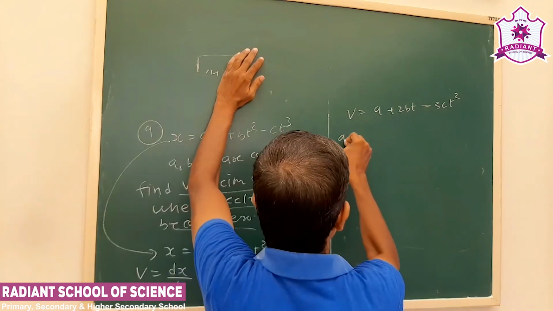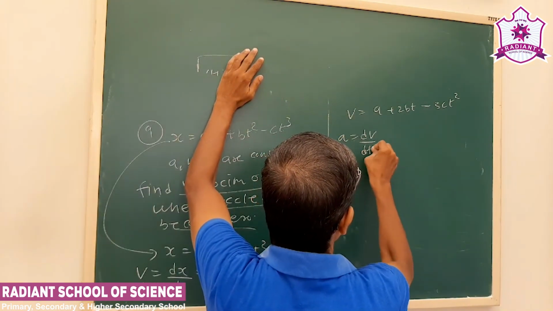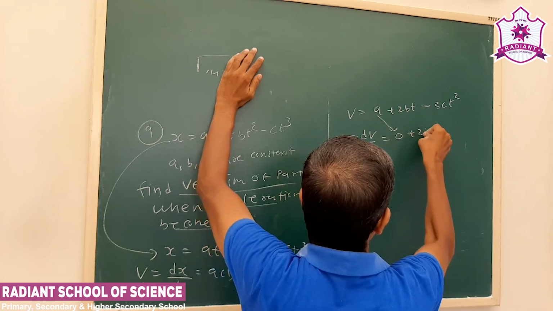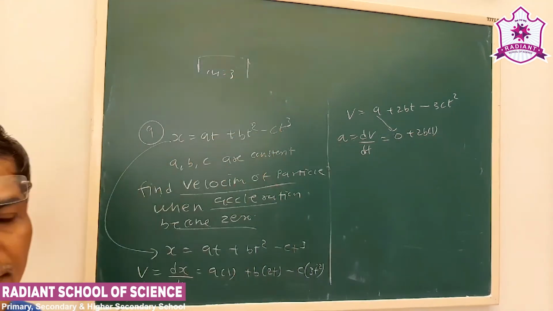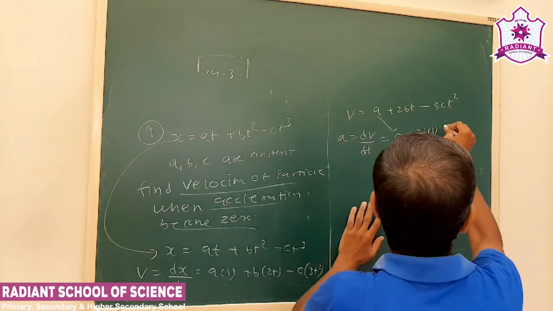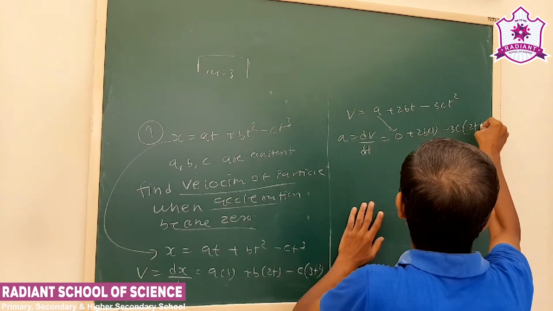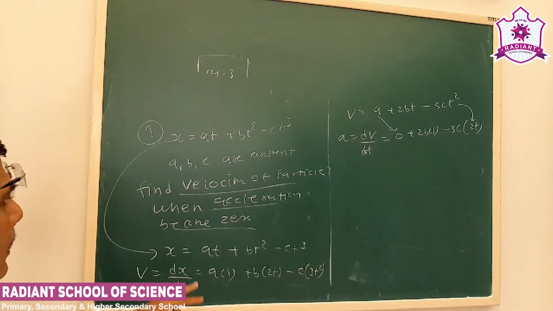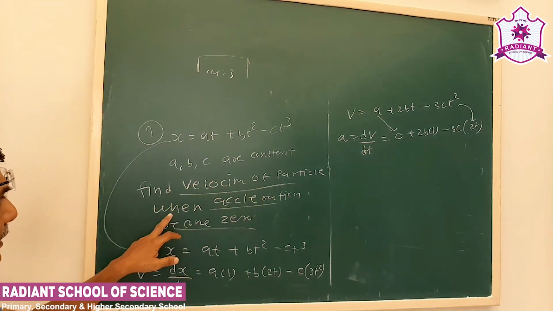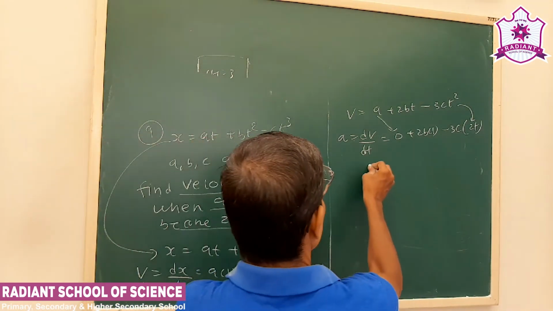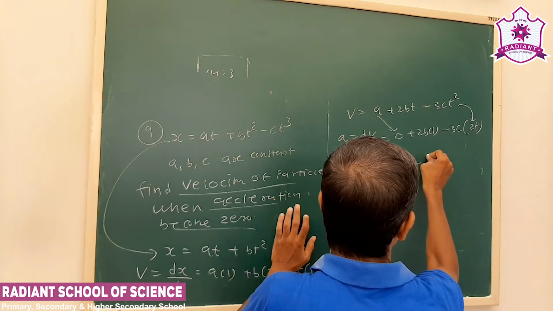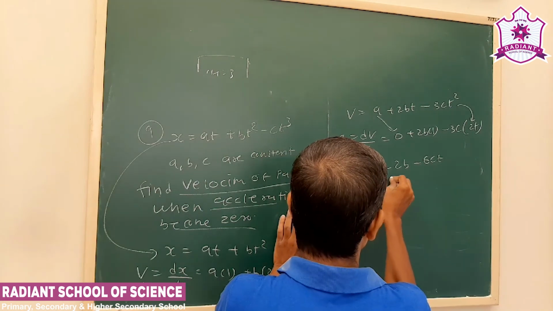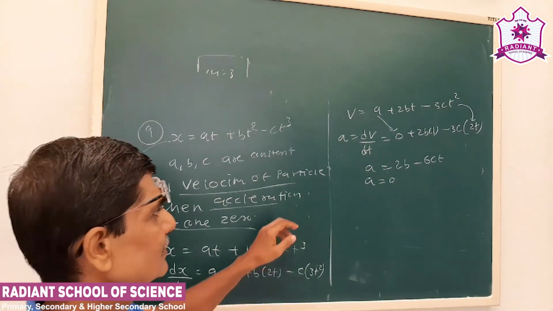See the second derivative, a is dv by dt. The derivative of a is 0. 2b is constant, the derivative of t is 1, minus 6ct, the derivative of t square. Now find the velocity of the particle when the acceleration becomes 0. So acceleration is 2b minus 6ct. Now when a is 0, what will we get for the time? So t is b upon 3c.